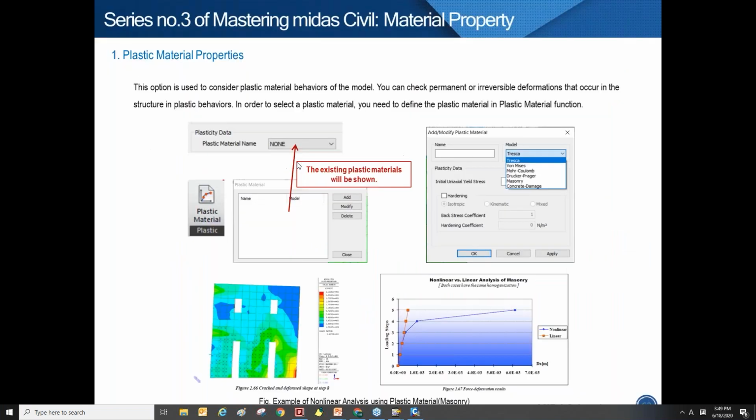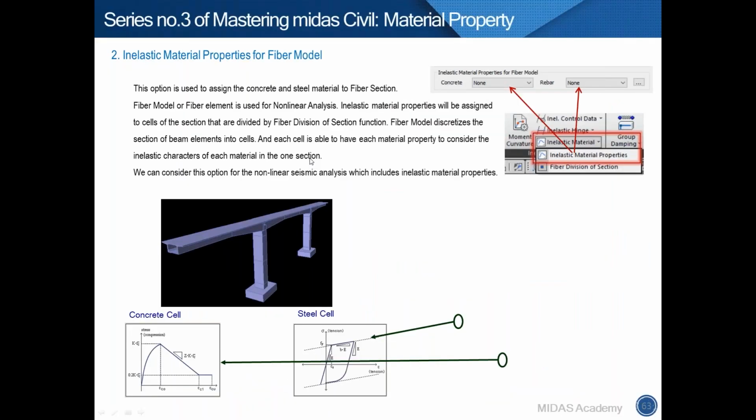Okay, and this is inelastic material properties for fiber model. In the bridge design field, this option could be considered when we have a nonlinear seismic analysis that includes inelastic material properties.